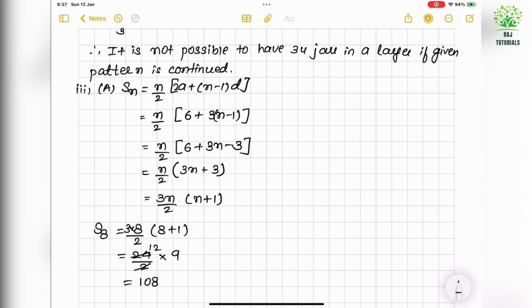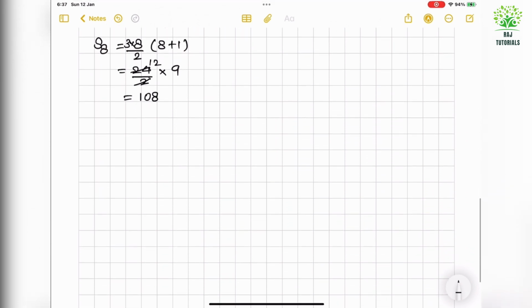Now, the B part he has asked me. If I add three jars in each layer, the AP will be 6, 9, 12, 15. Three jars I am going on adding. So A equals 6, D equals 3.